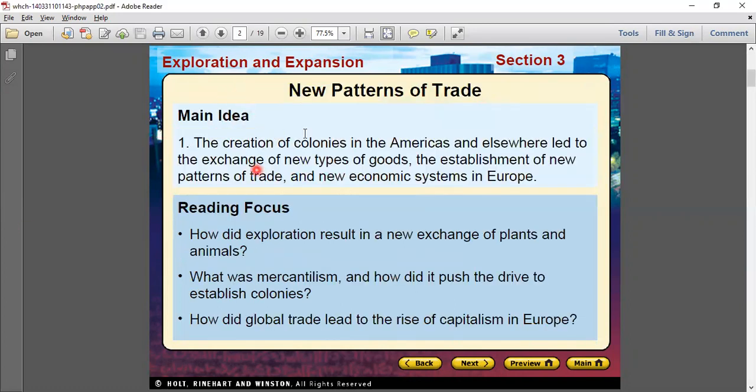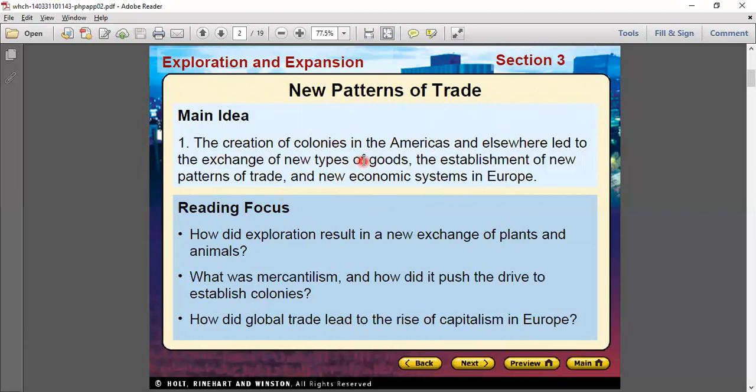It says here that the creation of colonies in the Americas and elsewhere led to the exchange of new types of goods. Again, the establishment or creation of colonies, and we mentioned that a colony is a place where you settle down by force and you start to control it or govern it. So the creation of colonies in the Americas and in any other places led to the exchange of new types of goods.